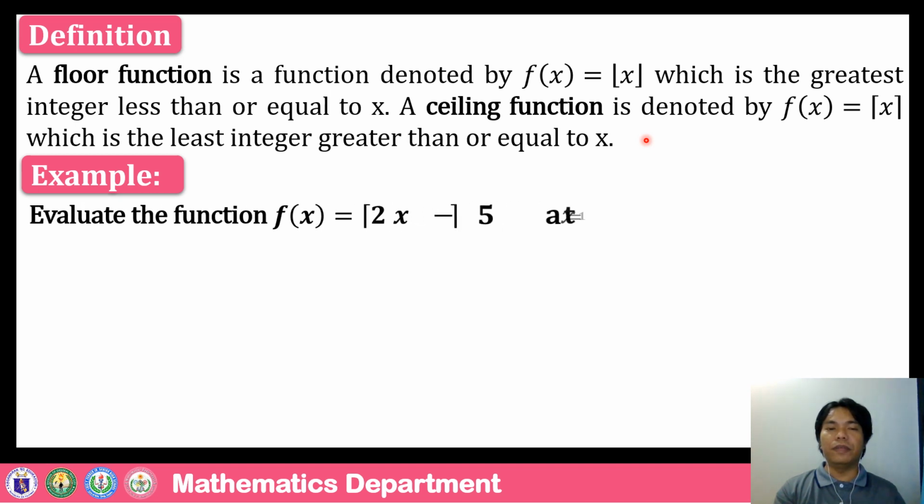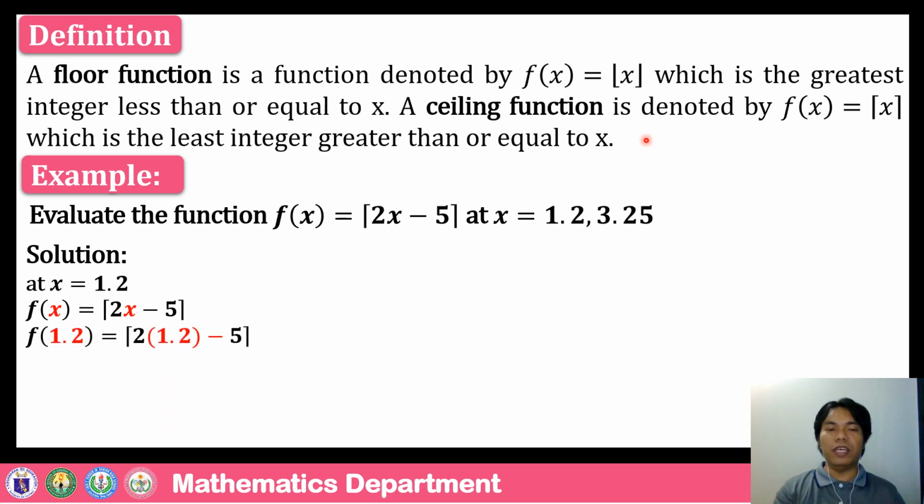So example, evaluate the function f of x equals the ceiling function of 2x minus 5 at x equals positive 1.2 and positive 3.25. Substituting the value of x at positive 1.2, we will obtain f of 1.2 equals the ceiling function of 2 times 1.2 minus 5, in which when you simplify this one, you will obtain the ceiling function of negative 2.6.